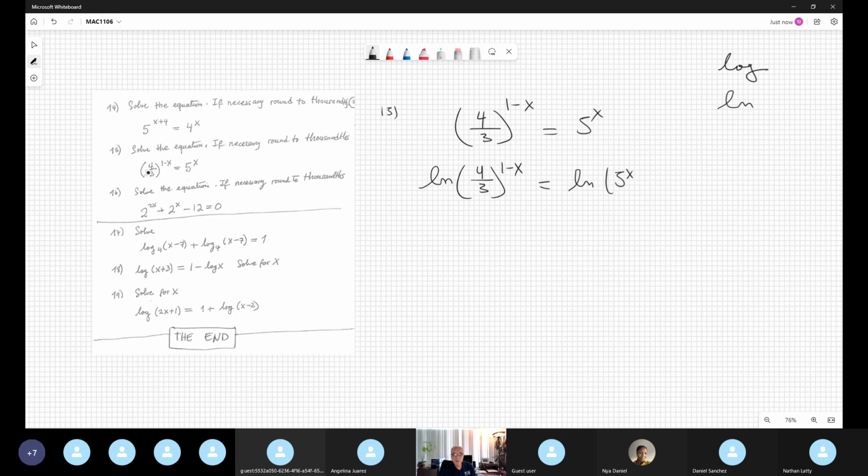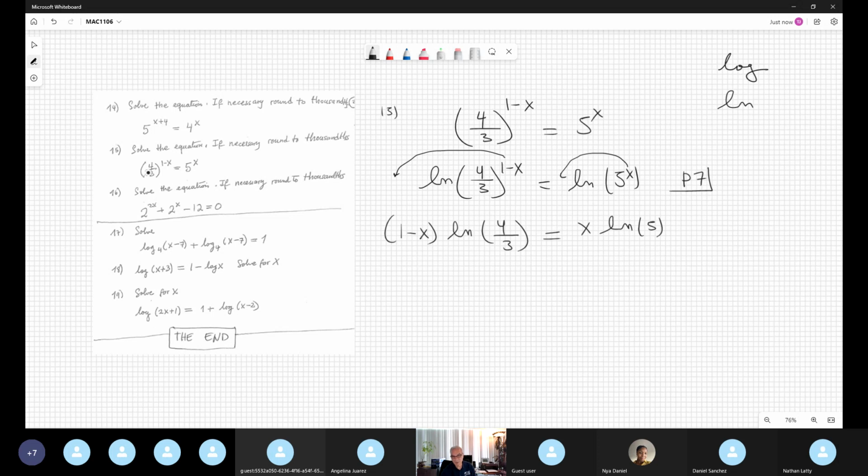Now you apply property 7. Allow this exponent to go to the front. And magically this new equation is no longer exponential. It's a linear equation. It's obvious that we have a weird number.